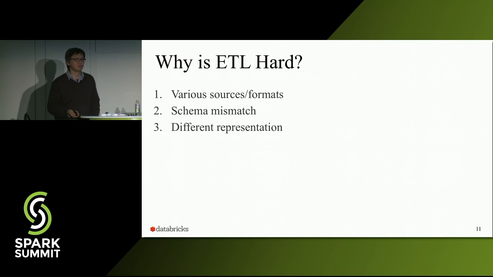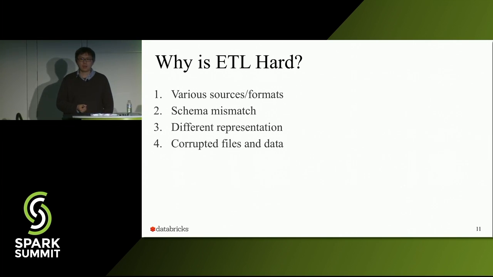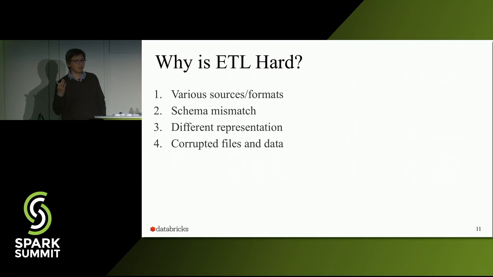How many ways can we represent it, right? Even the standard has three or four ways at least. And the file could be corrupted. Even if the file is not corrupted, it could contain some corrupted records you cannot parse. So we cannot stop the ETL pipeline because of that.